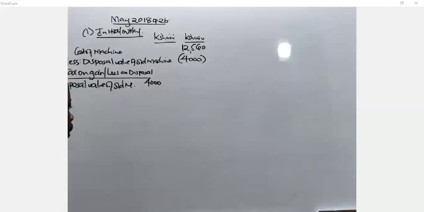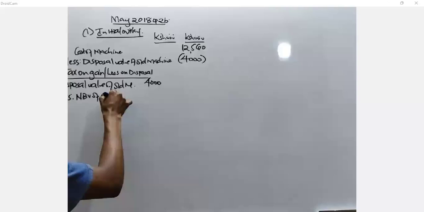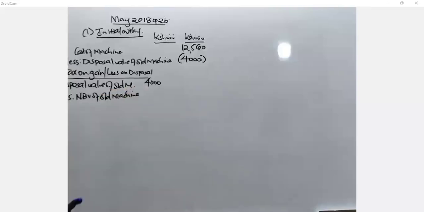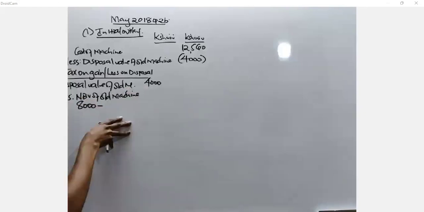Then you normally deduct the net book value of the old machine. How do we normally calculate the net book value? The cost minus the depreciation gives you the net book value. So in our case here, the cost is 8,000.